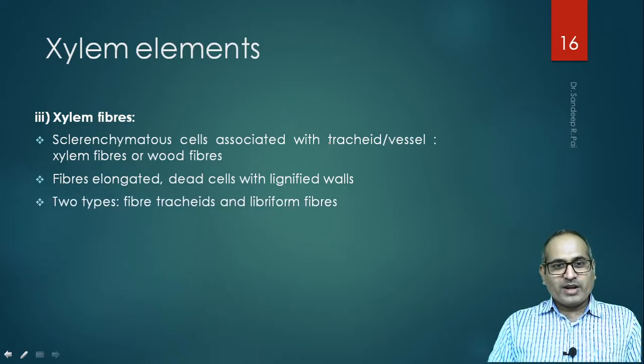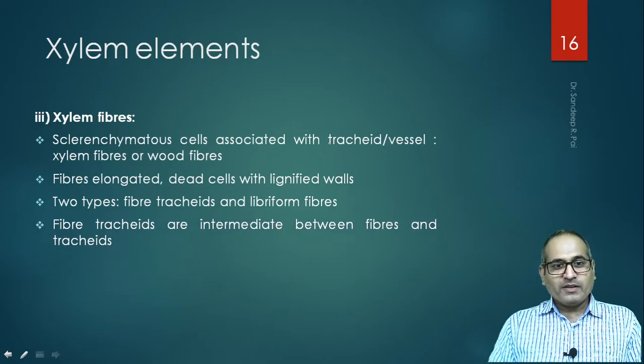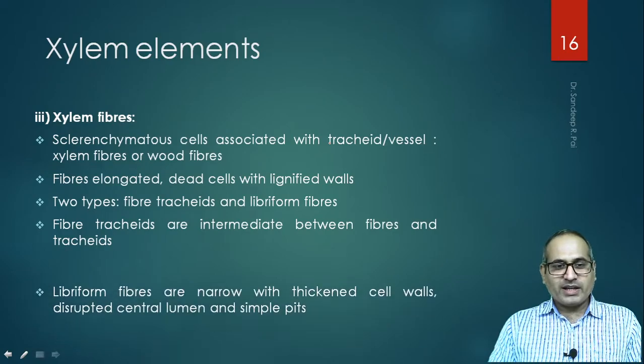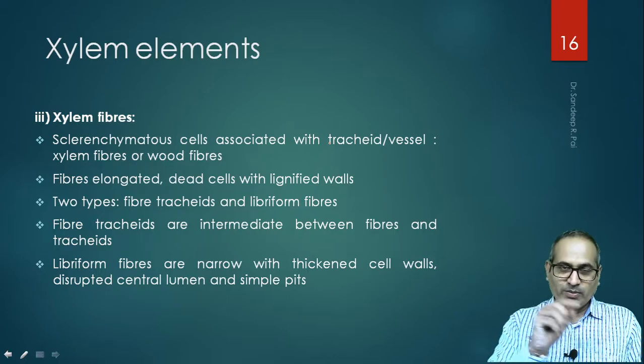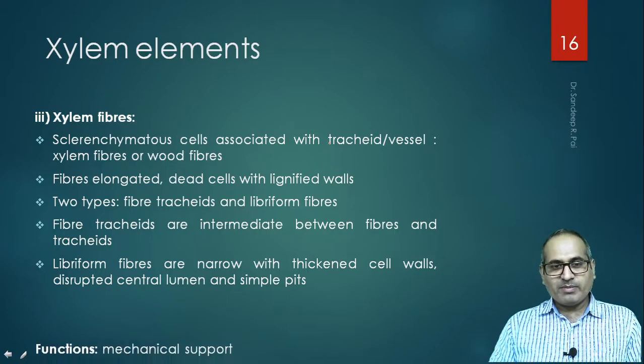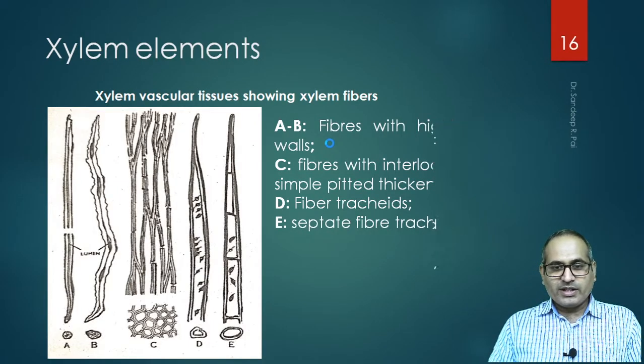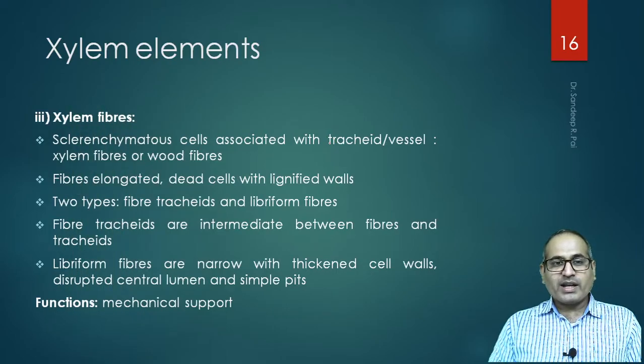There are two types, fiber tracheids and libriform fibers. Fiber tracheids are intermediate between fibers and tracheids. Libriform fibers are narrow with thickened cell walls, a disrupted central lumen, and simple pits. They function in mechanical support.